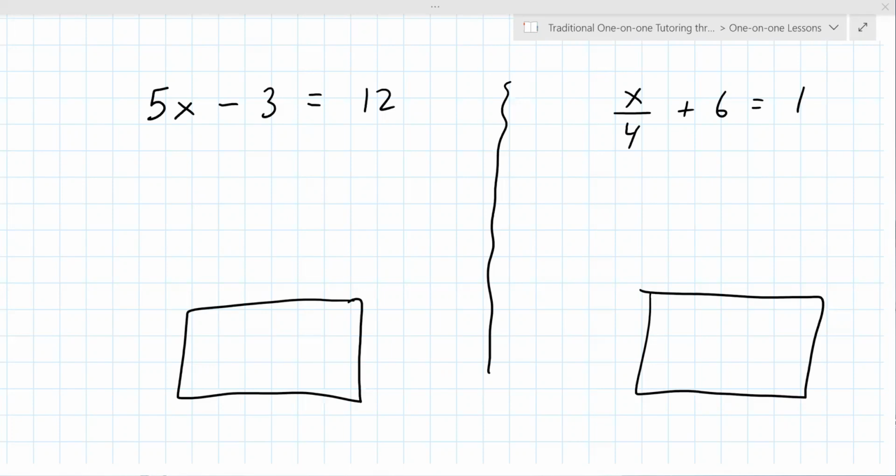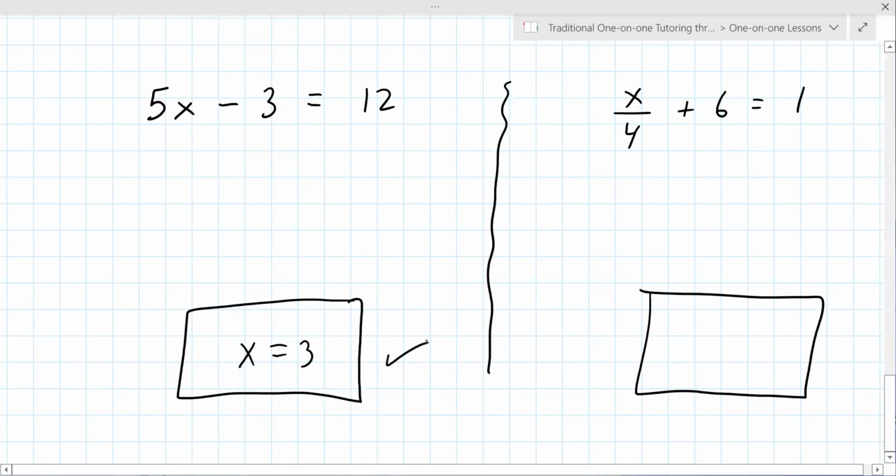Let me know when you've got an answer for one or the other. The first one I got x equals 3. Okay, good. And then I'm working on the second one. Sounds good. And then is the second one x equals negative 20? You got it. Very good.